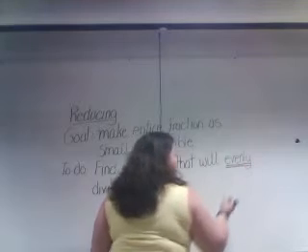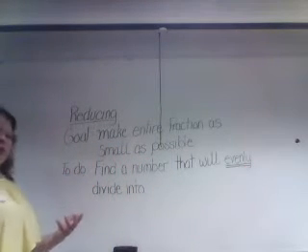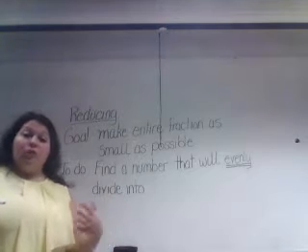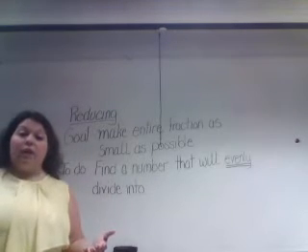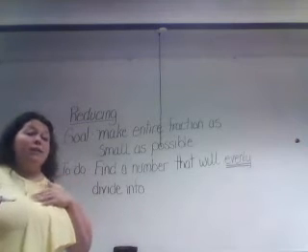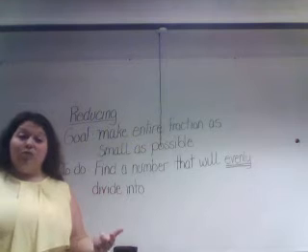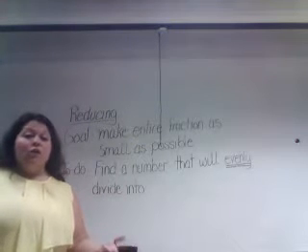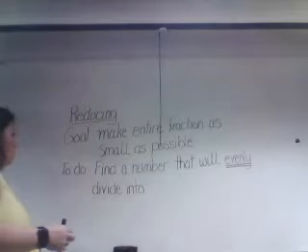Evenly is the important part here. If you know your multiplication tables, reducing is going to go a lot faster. Of course you could use a calculator if your teacher is allowing you to, but the more that you know your multiplication tables, the faster that you can reduce these fractions. So we need to find a number that's going to evenly go into these numbers.